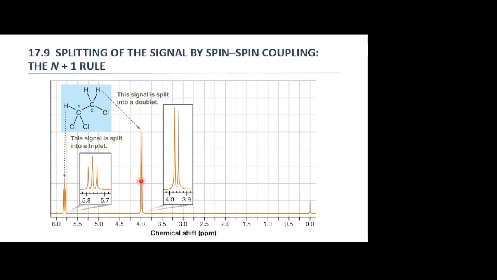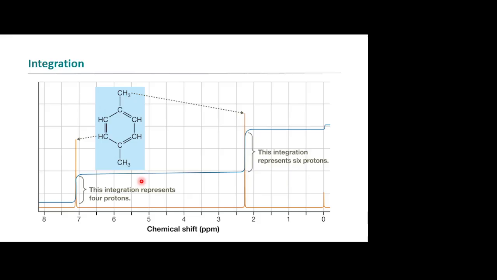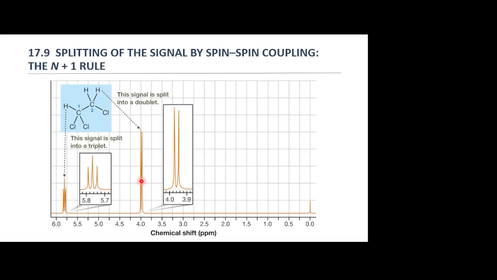This is what they look like with the same spectra as before. You do need a high enough resolution instrument. If it's not, they would just look like this and you wouldn't see any splitting. It needs to be high enough resolution that you can see these 0.1 differences.